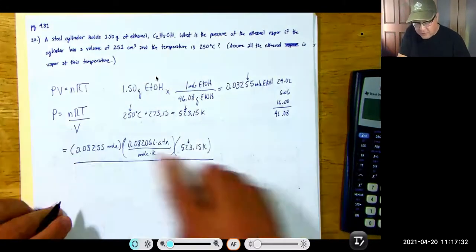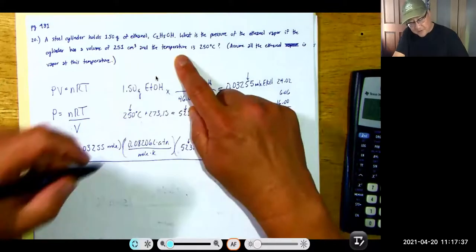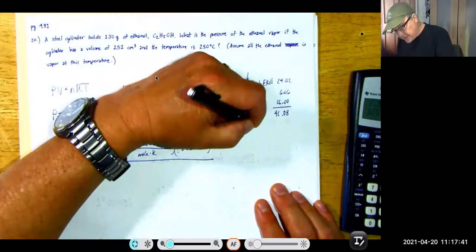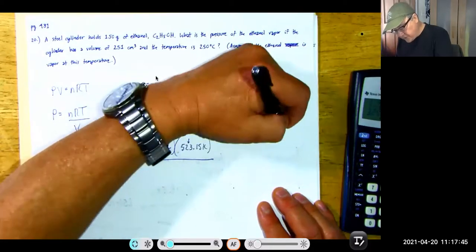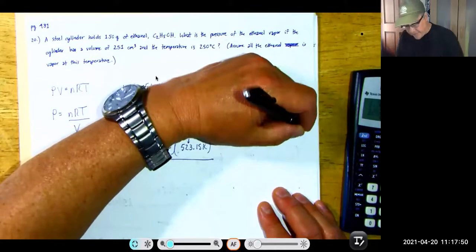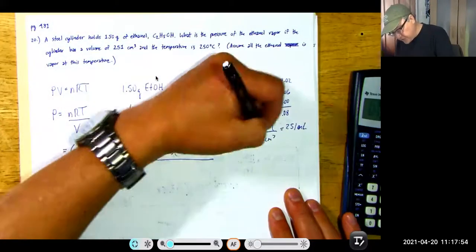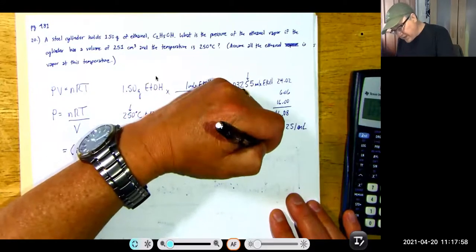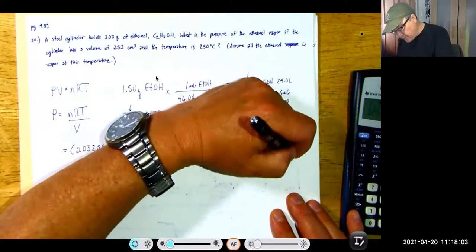And then the volume is 251 centimeters cubed. So we have 251 centimeters cubed times 1 milliliter per 1 centimeter cubed, which is 251 milliliters. That's not going to be good enough because we need liters. So we take 251 milliliters times 1 liter per 1,000 milliliters, which is 0.251 liters.